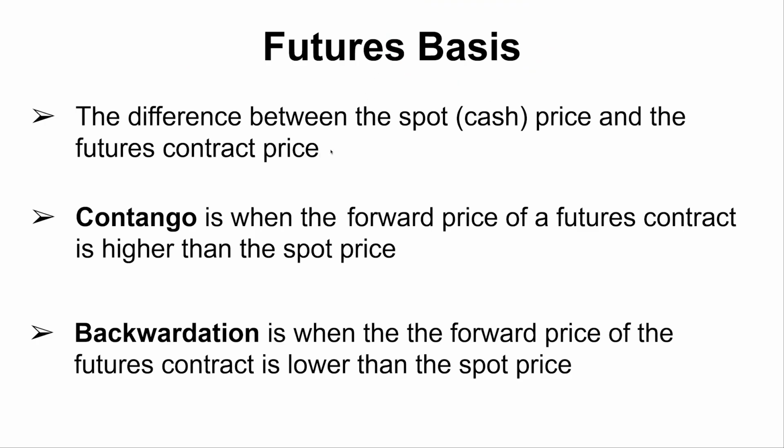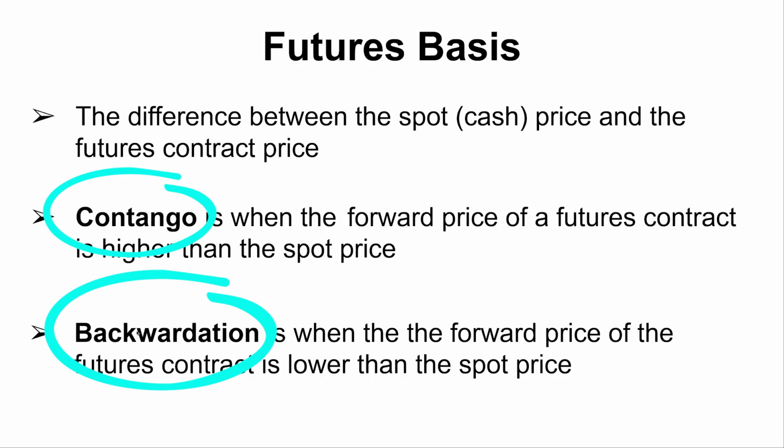Really simple. We look at our spot price and our futures price. There are two instances where the futures price is way below or way above the spot price, and it can help us possibly see inflection points. The two instances are called contango and backwardation.